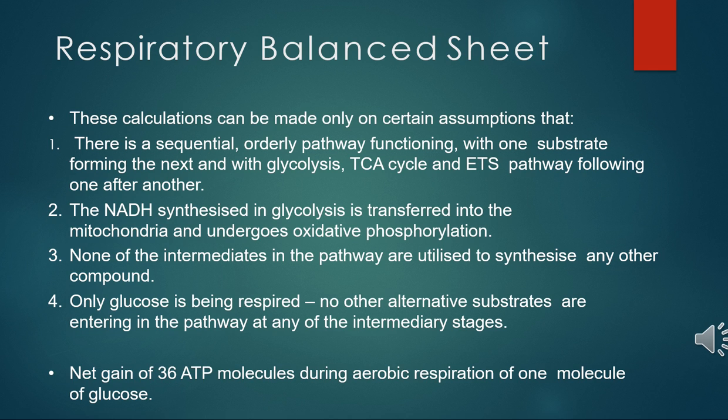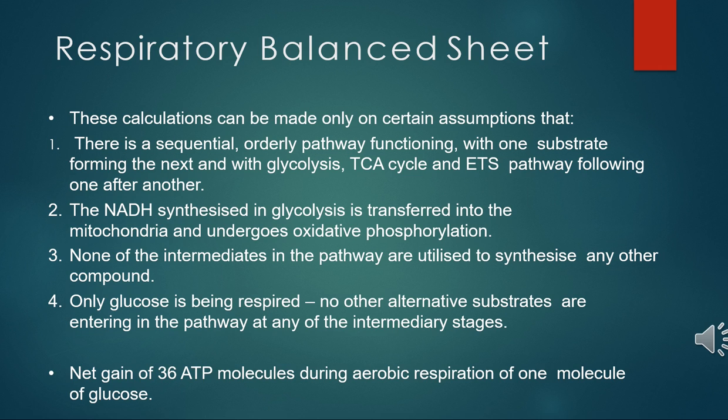The NADH synthesized in glycolysis is transferred into the mitochondria and undergoes oxidative phosphorylation. None of the intermediates in the pathway are utilized to synthesize any other compound. Only glucose is being respired. No other alternative substrates are entering the pathway at any of the intermediary stages.